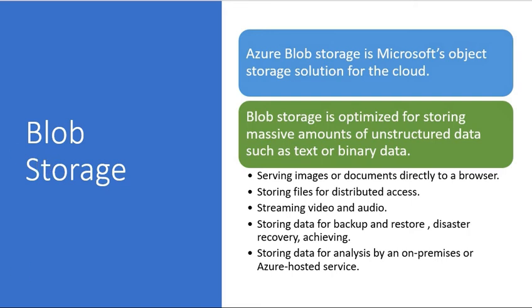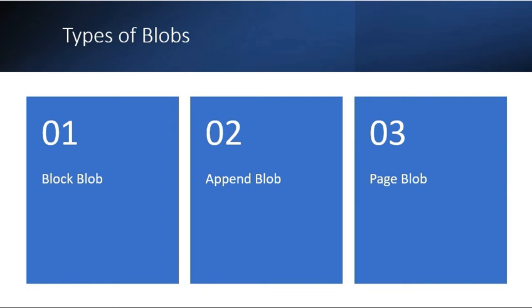Well, there are three types of blobs which I would like to discuss. The first one is block blob. It is an accumulation of small blocks that have their own unique block IDs. One blob can contain up to 50,000 blocks. You can work in parallel by uploading multiple blocks at a time, which decreases the upload time.